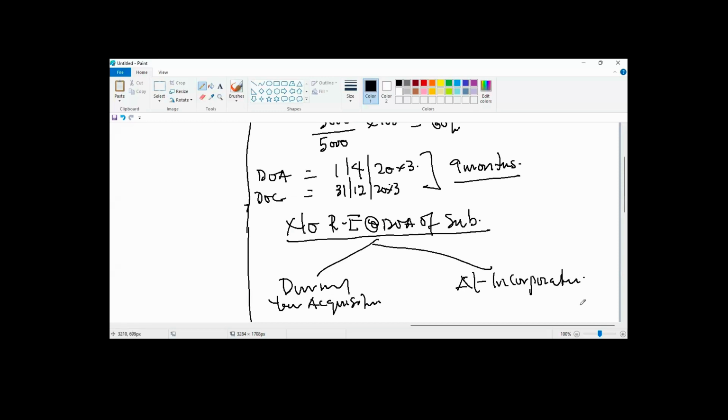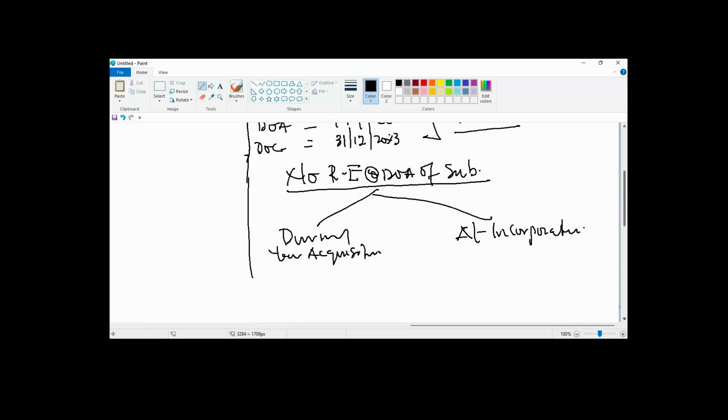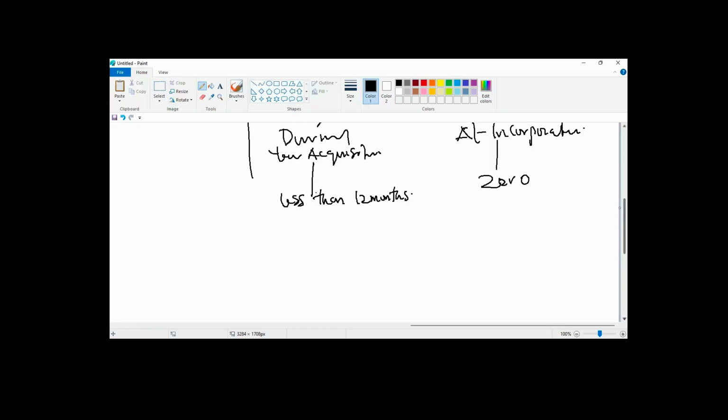But incorporation is very easy: retained earnings at the date of incorporation is 0, as the company has not started work and has not done anything. But during-the-year acquisition, I must calculate the retained earnings. When the acquisition is less than 12 months, I will now calculate the retained earnings using this formula.